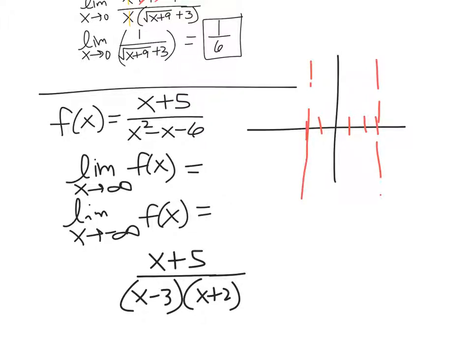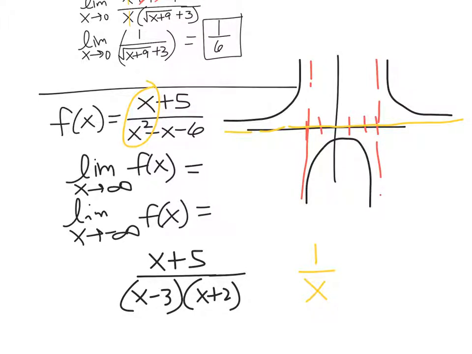The other asymptote I have is, if I look at this of x over x squared, and I think of that as really 1 over x, then my other asymptote would be 0. Okay? So as x goes to infinity, well, let me graph it. It looks like this, and there's some kind of weird parabola-looking thing down here. Okay? So that's the graph.